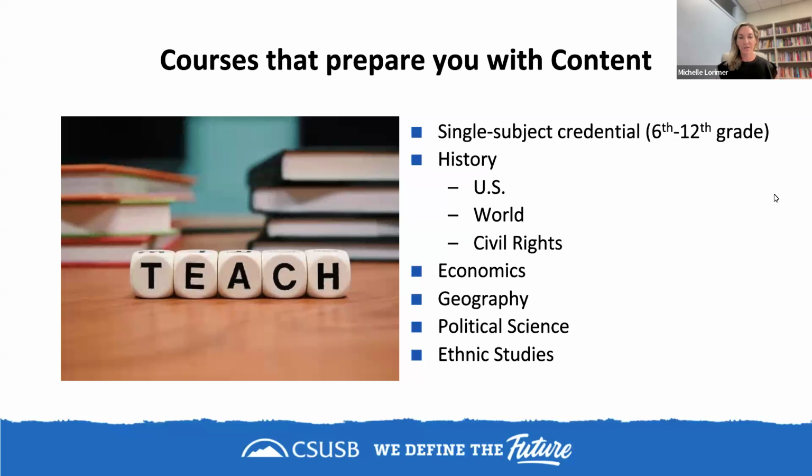So if you're teaching at some junior highs, you may be teaching just broad social studies classes. At the high school level or at other junior highs, you may be teaching specific world history or US history classes. You can also teach economics classes, geography, political science.